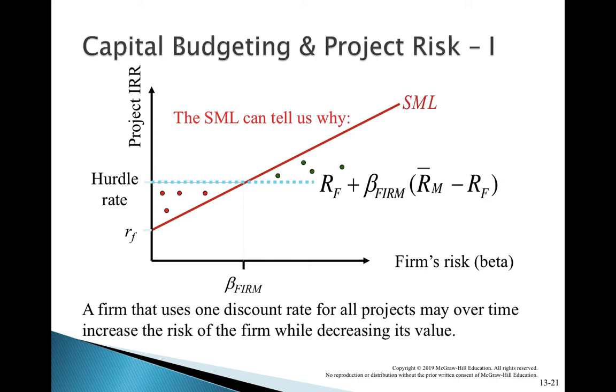Isn't it? So, those 4 projects which you rejected are the profitable ones. You rejected the profitable projects. Those 4 green dot projects which you accepted are the wrong projects being accepted because they are below the SML. And the right projects which are above the SML, you rejected.